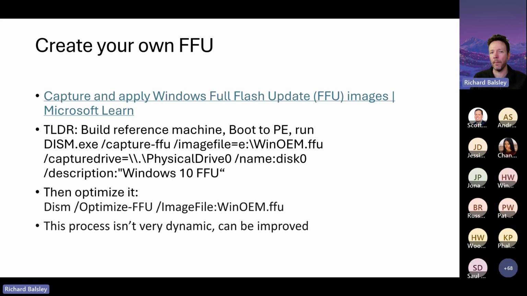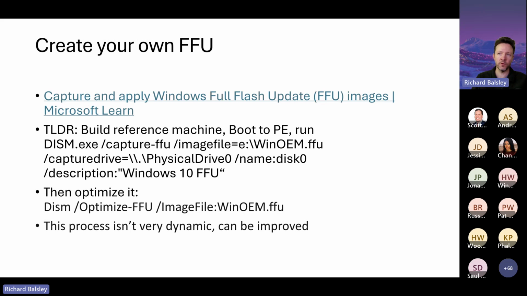So with sector-based copying, if you make an FFU of a machine that has a 128 gig hard drive, you can only deploy that to anything that is 128 gigs or greater. But when you look at the OS, it's only going to show up as a 128 gig disk. So if you had a 256 gig destination machine, you would only get 128 gigs of space on it because the device you copied it from was 128 gigs.